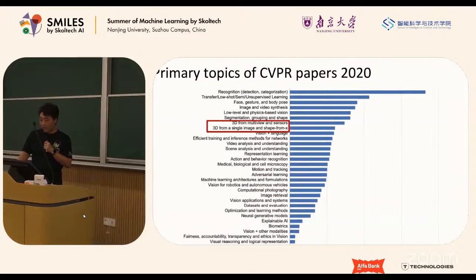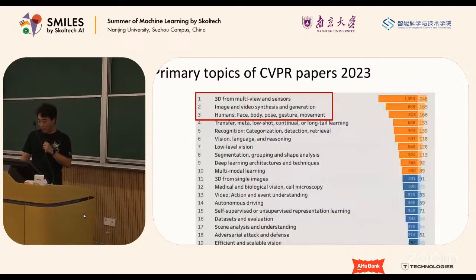This chart shows the primary topics of CVPR papers in 2020. At that time, recognition and deep learning were dominant, while topics such as 3D scene understanding and reconstruction formed an important part of the conference. At that point, 3D was still a topic among many other hot points.